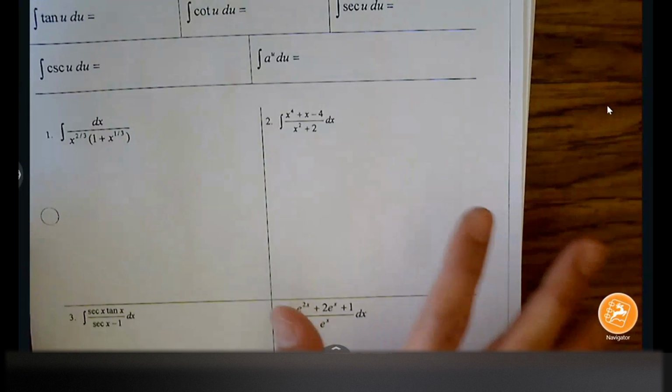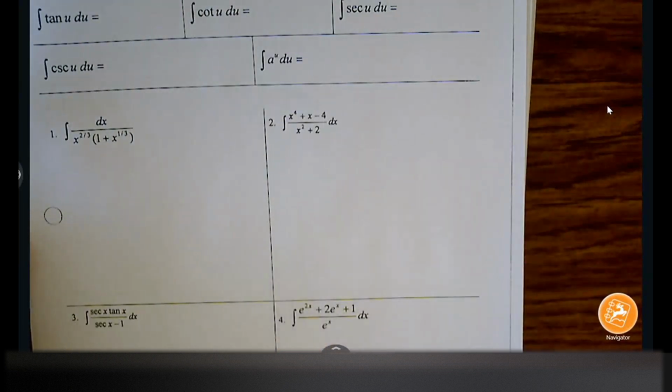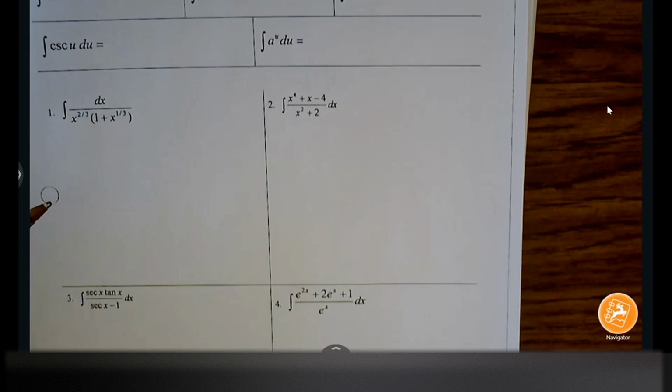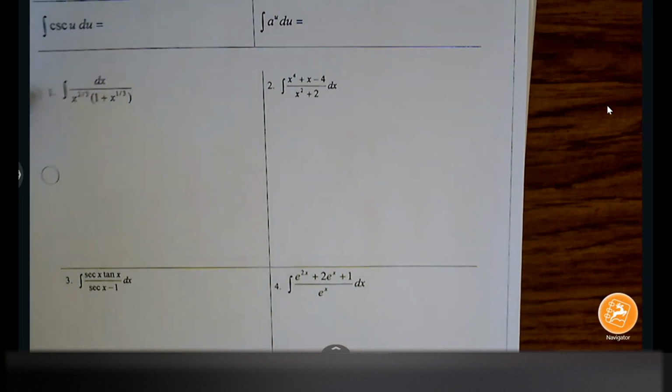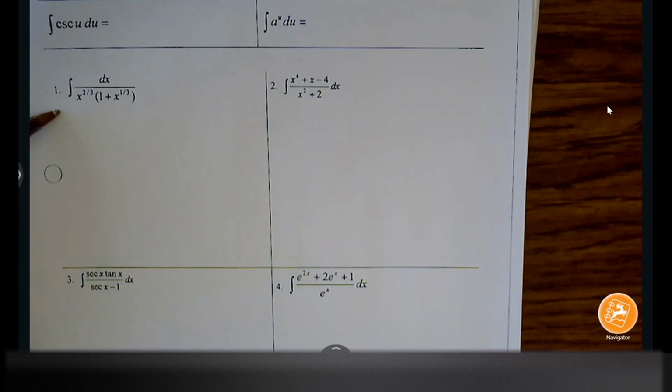Let's go through our checklist, and you guys tell me how we should proceed. Starting with number one, we're not going to work through all the problems; let's do all the U values for each of them, or see if there even is a U value. First option is always expansion.